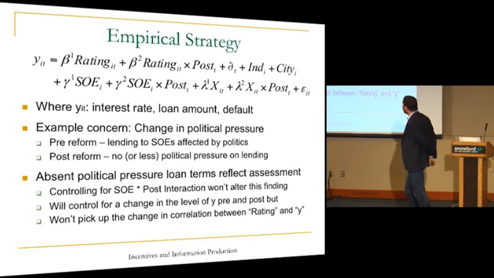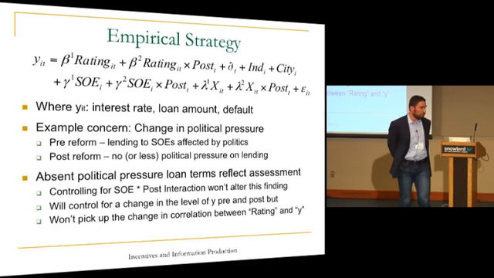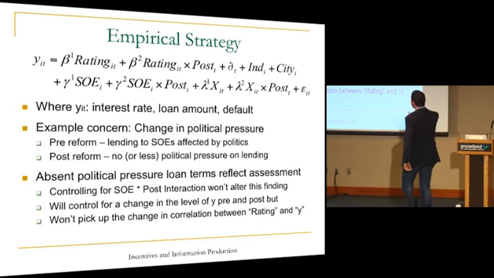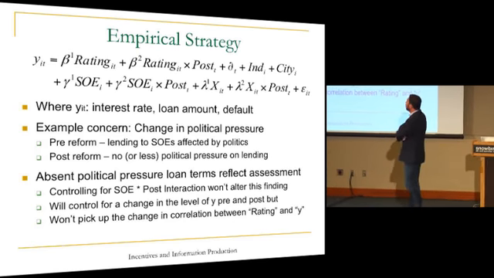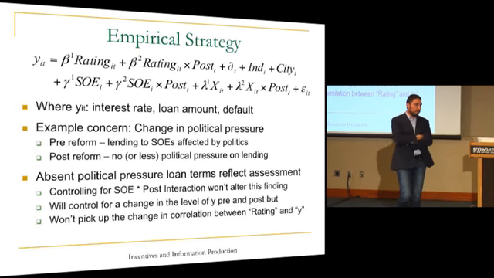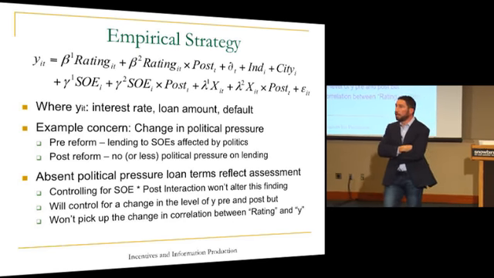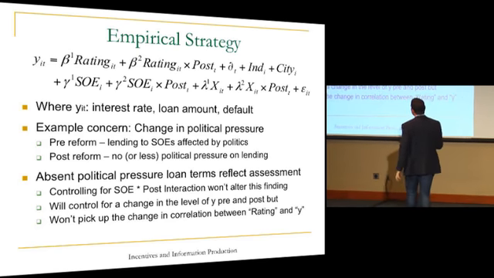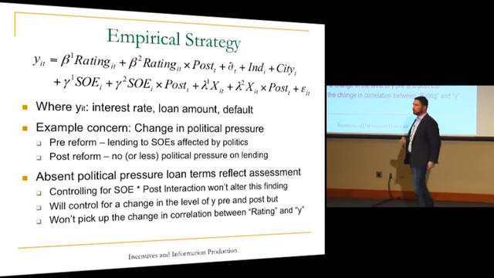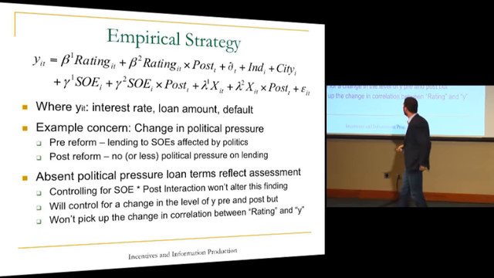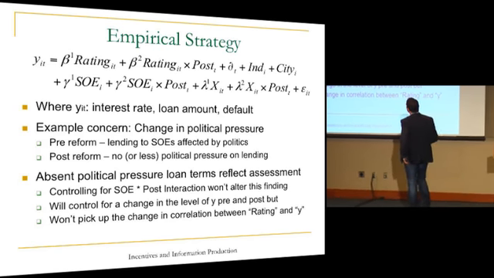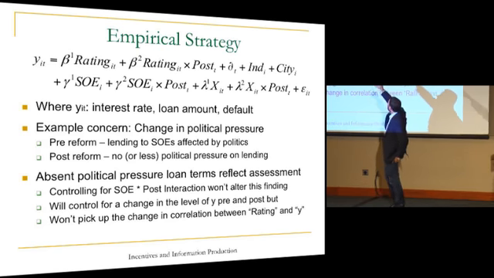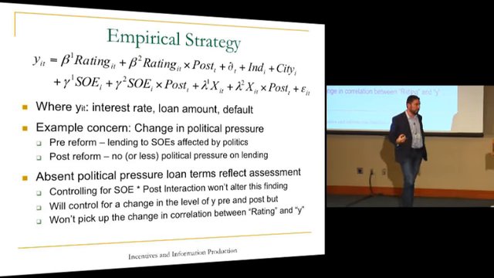Okay? So of course the point is that we run regressions for a reason and we try and control for stuff. So let's go back to this issue of, say, state-owned enterprises. Suppose I'm worried that in the pre-reform period, a lot of the lending that I do is basically the outcome of some political process. It doesn't make sense to assign a sensible loan, or someone picks up a phone and overrides it anyway. Okay? So what do we do in the regression here? We control for whether it's a state-owned enterprise, and we interact that with what's happening in the post period.